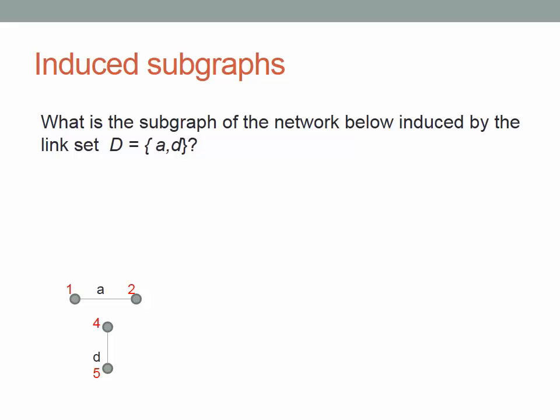In this case, we get the two links A and D, and they're not adjacent to each other, but we bring with them the two defining nodes. So the subgraph induced by the two links A and D has 4 nodes and these two disjoint links.